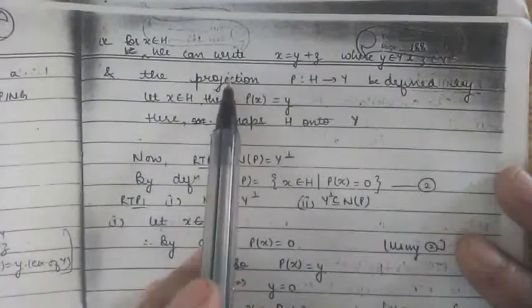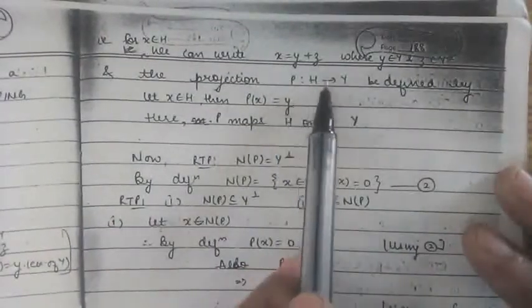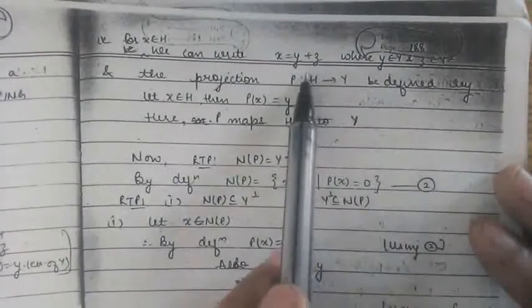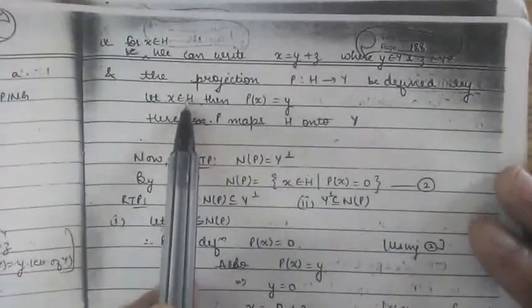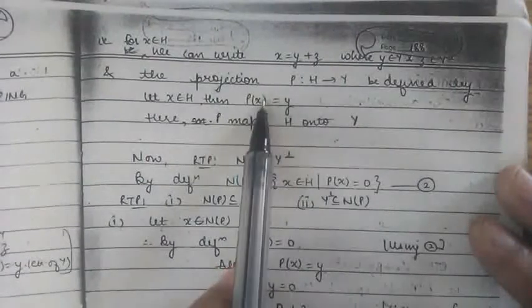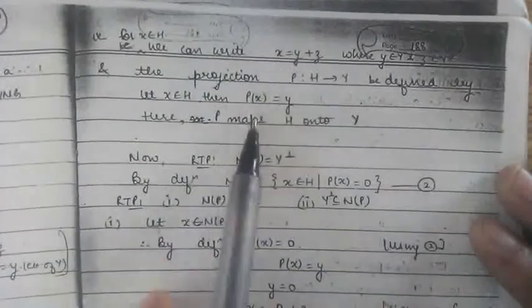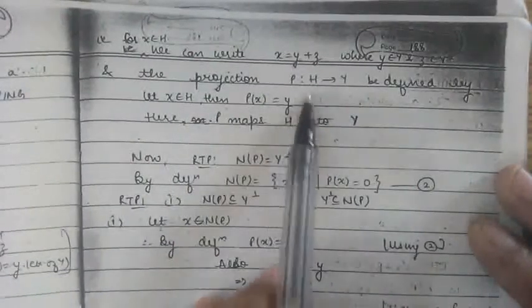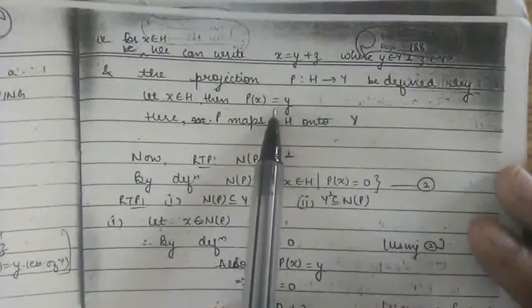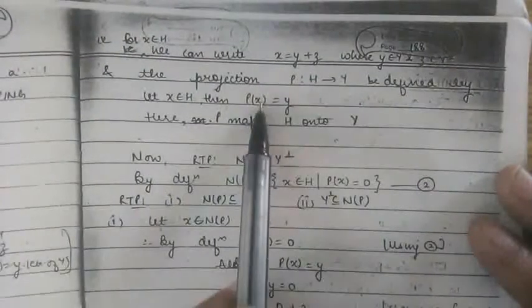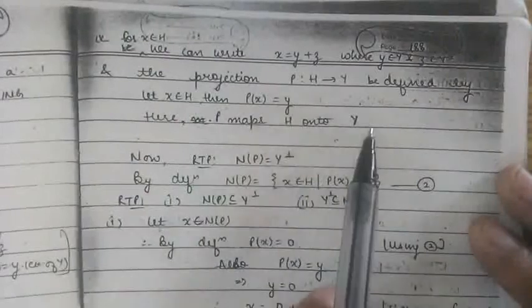By definition, projection P is defined from the Hilbert space H to Y: if we take an element X from H, then the image of X is an element of Y, which we denote by Y. So P of X is equal to Y. This defines the projection operator, and we already discussed this as an onto mapping from H to Y.